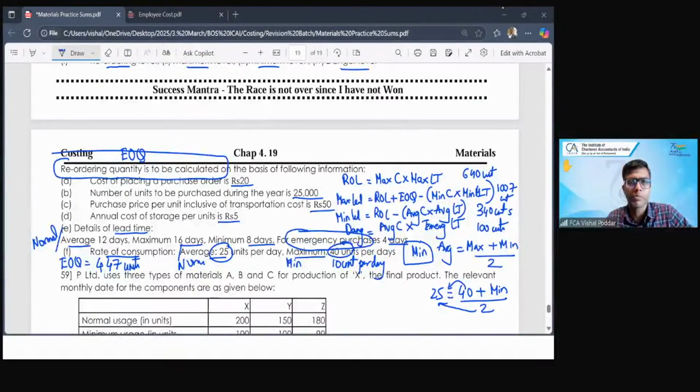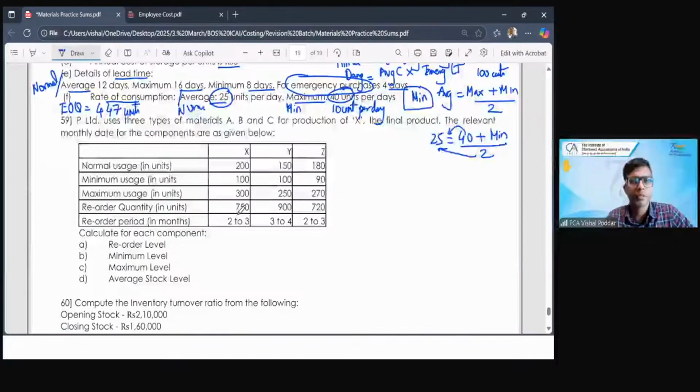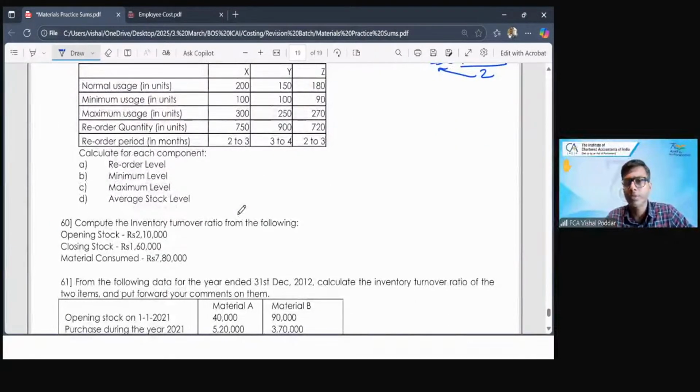Good. Shifi Mall has given me danger level. Good. Fine. So students, these are the different questions that are normally asked.